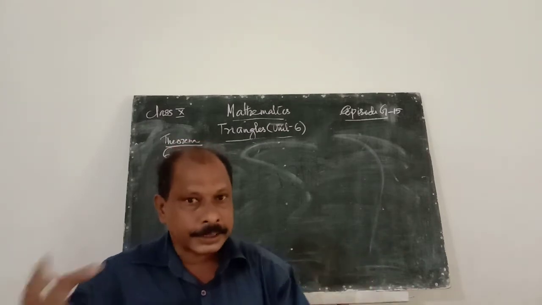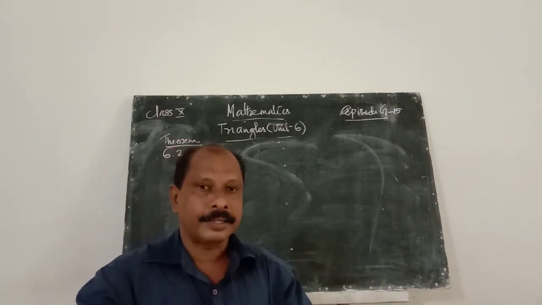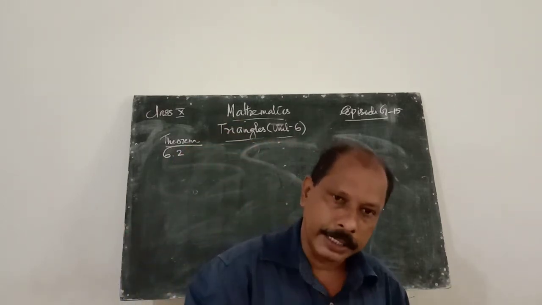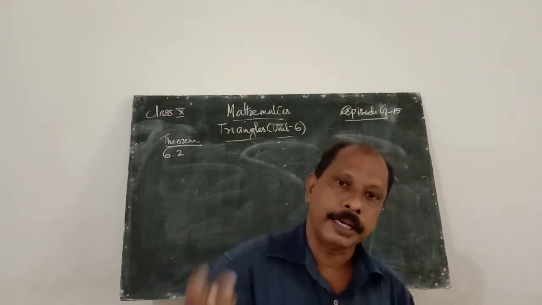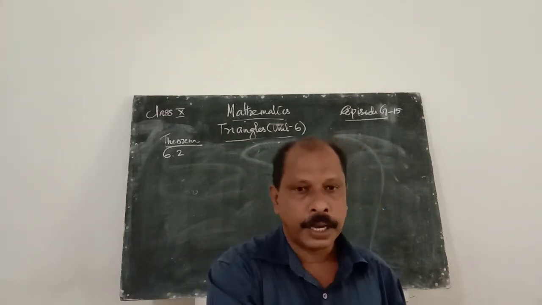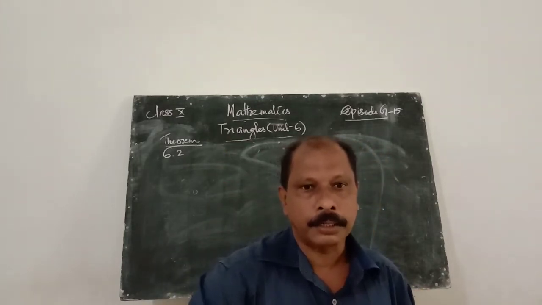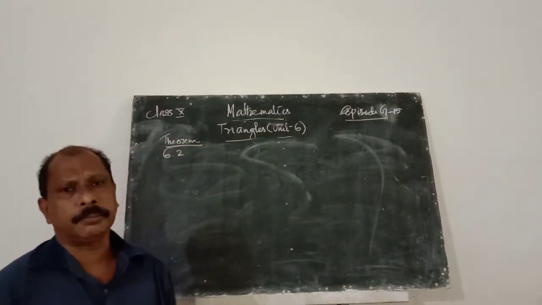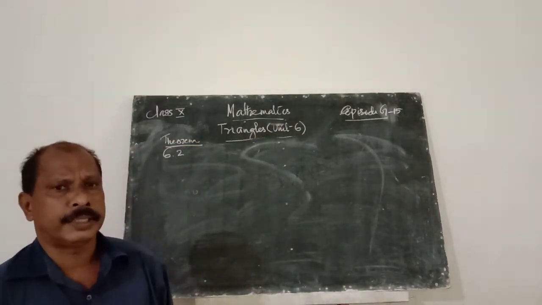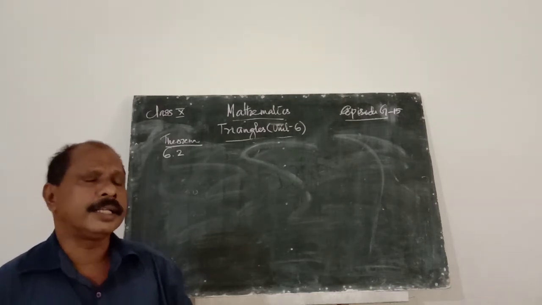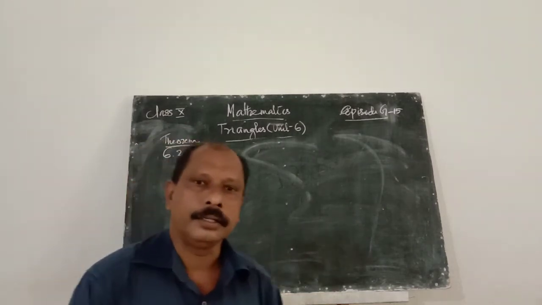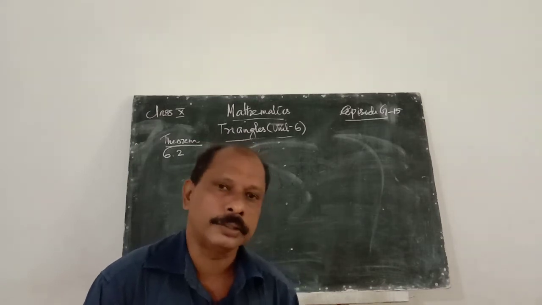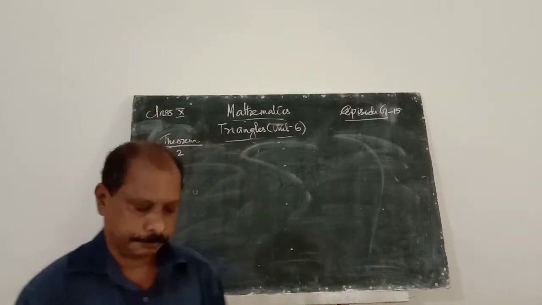The converse is: given that AD by BD is equal to AE by CE, then prove that DE is parallel to BC. Converse means the statement and proof of the first theorem are interchanged with the statement and proof of the second theorem.